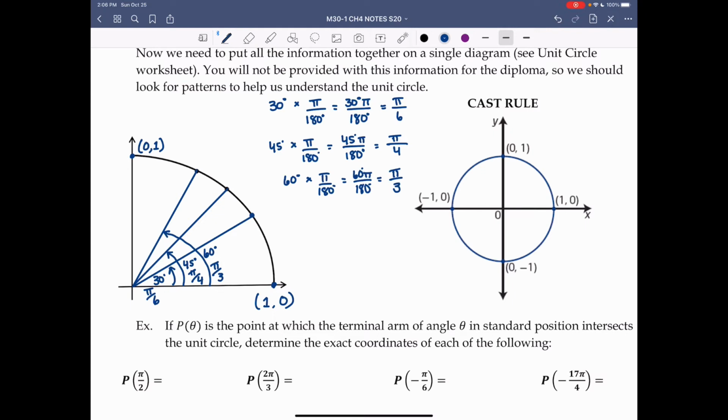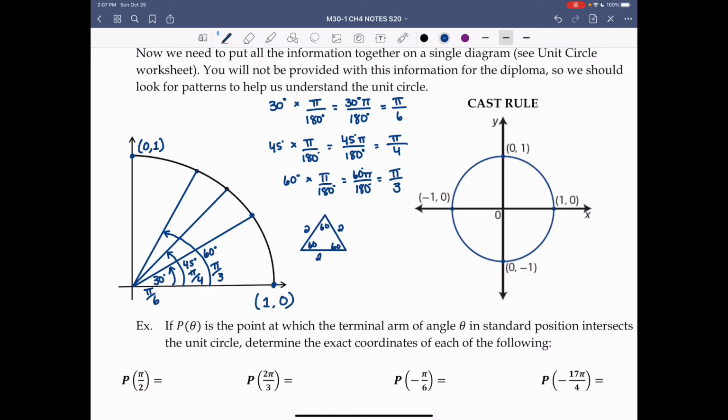And then what we need to do is be able to determine the x and y values for these points here. There are special angles from our special triangles. So if we can draw our special triangles, then we can figure this information out. Our first special triangle started as an equilateral triangle with side lengths 2, angles of 60.